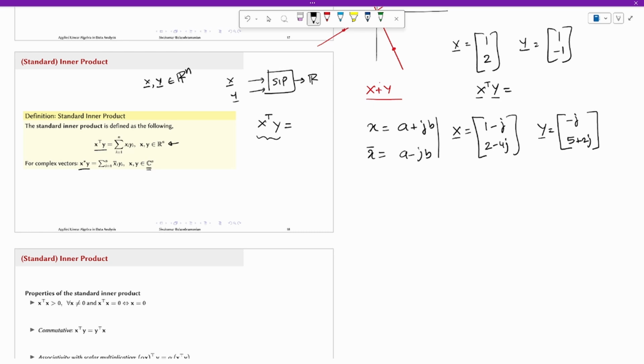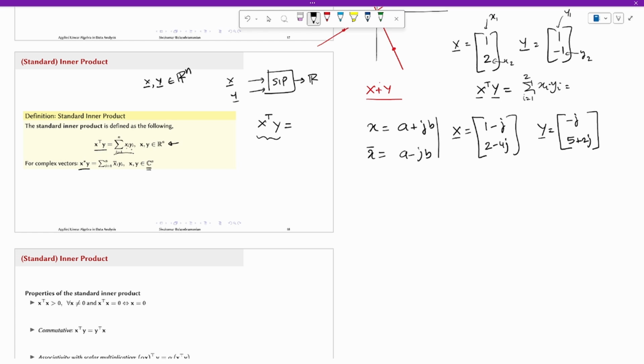No? Okay, so here, you look at this, right? It's a summation over the n numbers, and each of those numbers is simply the product of the individual components of x and y. So the first number is x1, second number is x2, this is y1, this is y2. The inner product is simply summation over, here n is 2, i equals 1 to 2, xi yi.